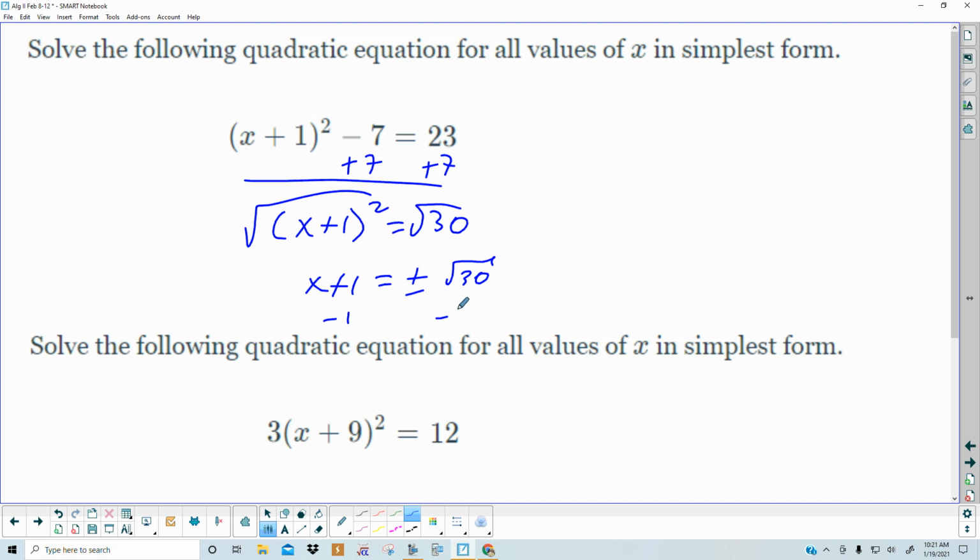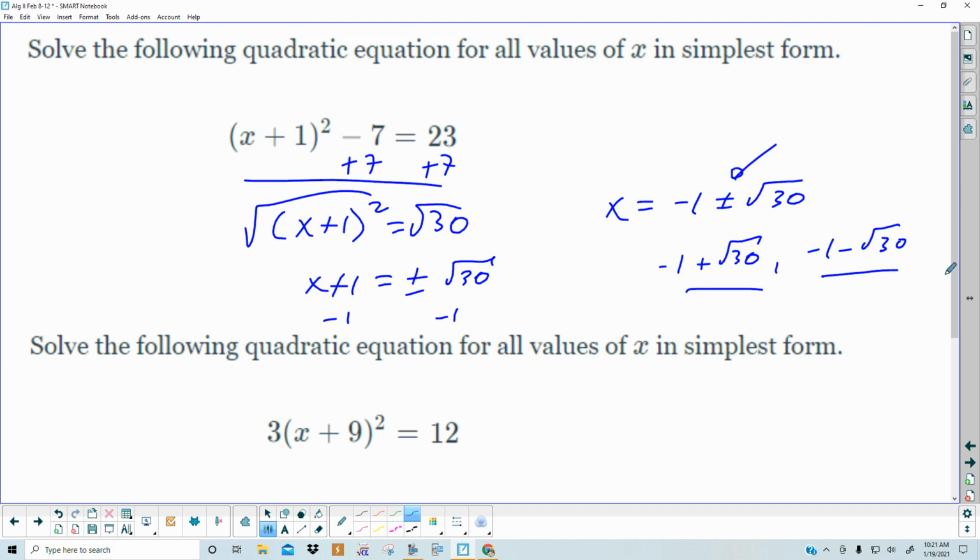Now I subtract the 1, and x is equal to negative 1 plus or minus the square root of 30. Okay? So when you go to type that in Delta Math, probably what you'll have to write is this and also this. You probably have to write it in two separate ways. I don't think they give you a plus or minus button. Okay? So you'll have to write it out two different ways.